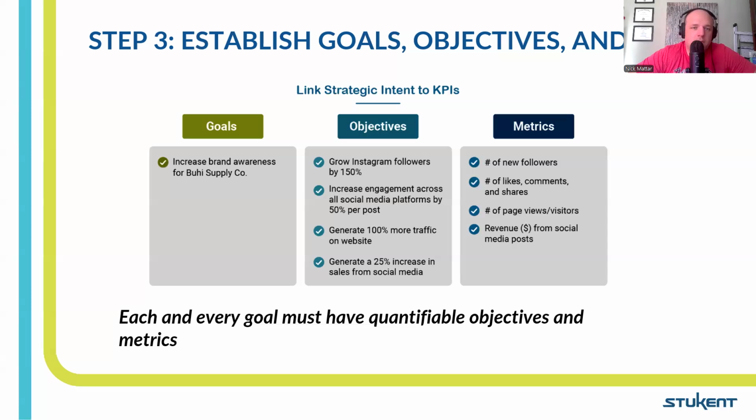So strategy starts with a goal, right? This is for a fictional company that sells backpacks and bags and suitcases, travel gear. A goal in this case does not have a number. I understand goals are supposed to have numbers, but really it's just a direction. You want to increase brand awareness.